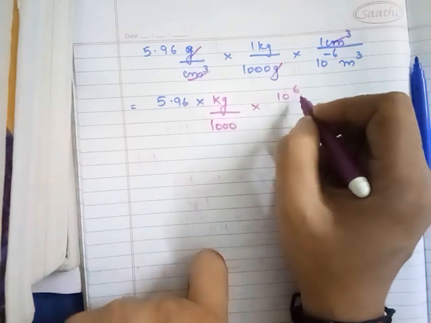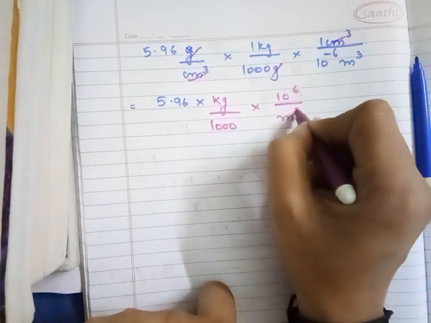In the numerator it's 10 to the power 6, and in the denominator meter cube.